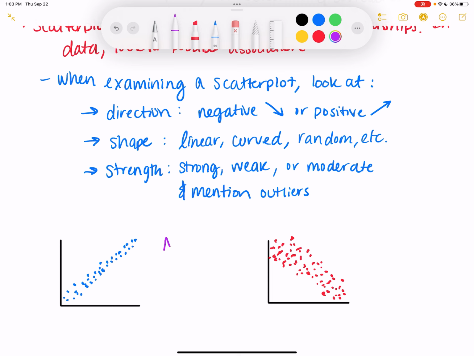All right, the next thing is correlation. This measures the strength of a linear association between two variables.